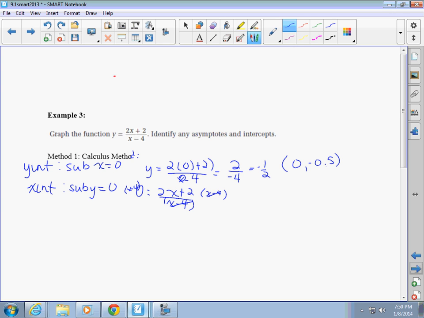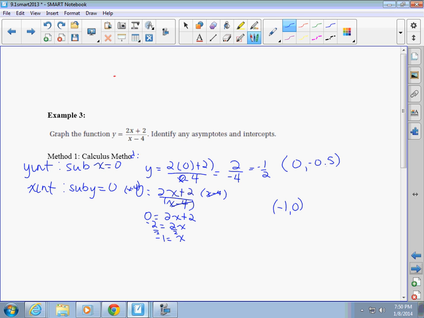So that and that cancel. This is still 0 is equal to 2x plus 2. So -2 is equal to 2x. If I divide by 2, -1 is equal to x. So that means that my x-intercept will be at -1 and 0.